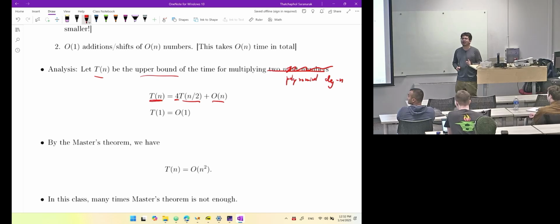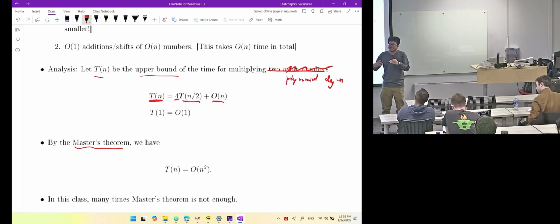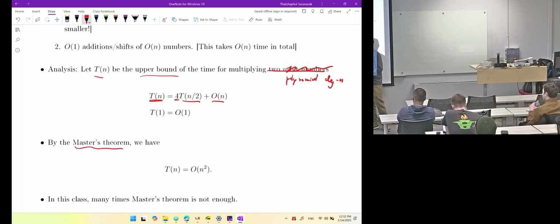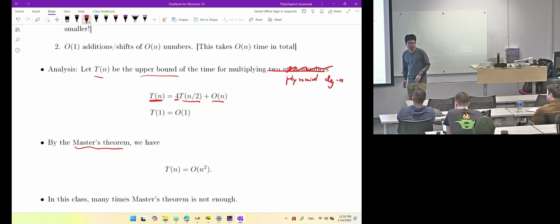Okay, so master theorem is a quick way to solve a recurrence like this, and there are just 3 formulas you can look up, and then boom, just apply it and you get it. So just look it up on the internet. But many times in this class, the master theorem is just not enough. Like in last class, maybe it's enough. This class is not enough.